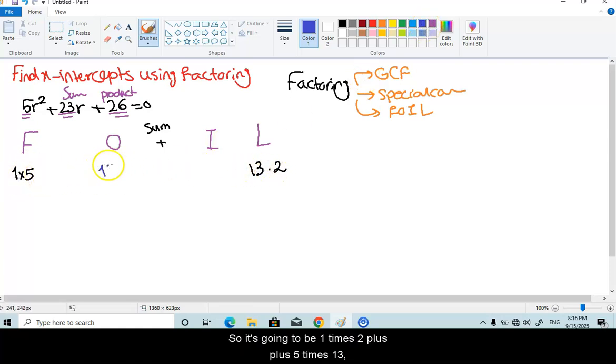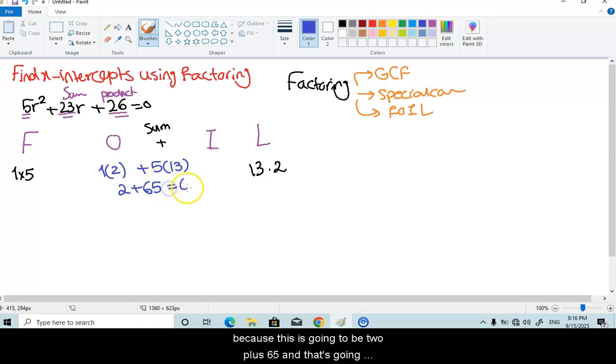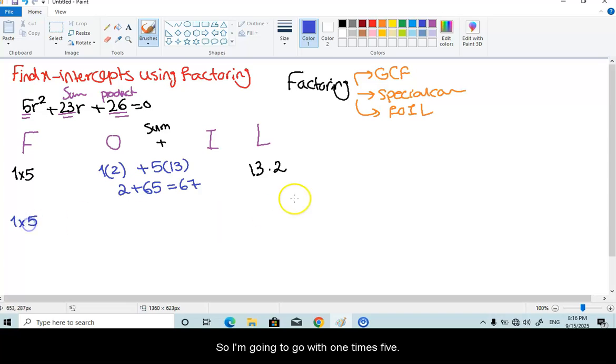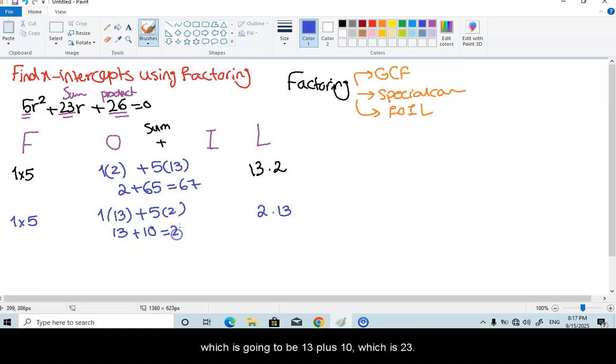So it's going to be 1 times 2 plus 5 times 13, which absolutely is not going to be the answer, because this is going to be 2 plus 65, and that's going to be 67, and we need 23. So I'm going to go with 1 times 5, and now the other way around, 2 times 13. In here, the outer terms are going to be 1 times 13 plus 5 times 2, which is going to be 13 plus 10, which is 23, and that's the sum I was looking for.